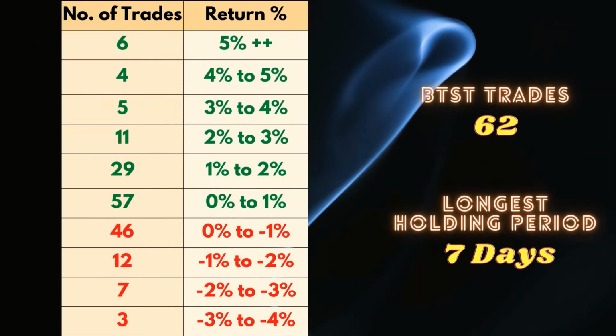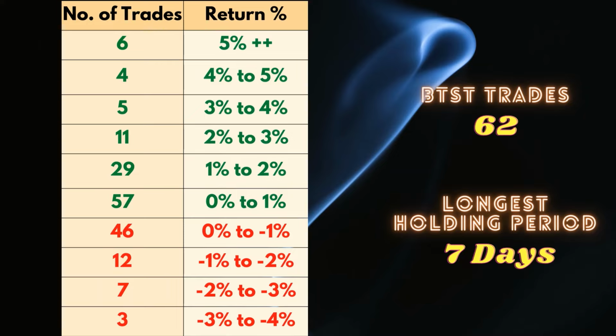Let's do some more analysis here. Take a look at the table in front of you, which displays the number of trades and the return generated by them. At the top, we have 6 trades that generated a return of 5% and above. If you add up the next 3 rows, we had 20 trades giving us profits in the range of 2 to 5%.